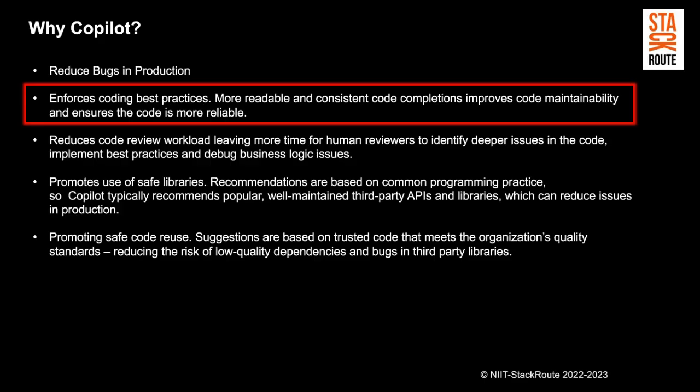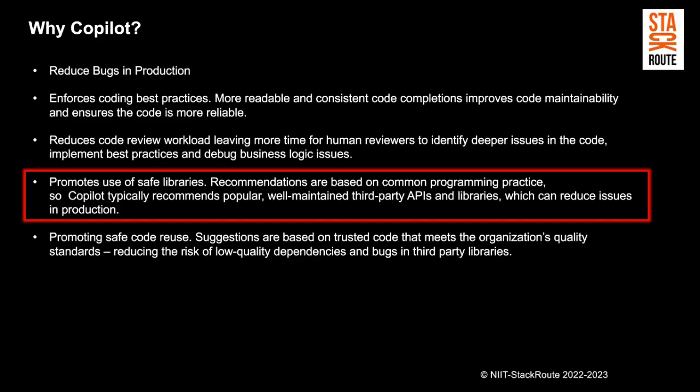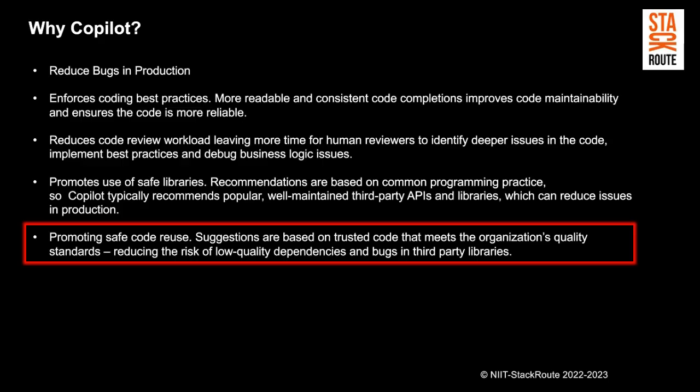It makes the code more readable and consistent, and it has drastically reduced the code review workload, leaving more time for human reviewers to identify the deeper issues in the code. It also promotes the use of safe libraries, as recommendations are based on common programming practices. Copilot typically recommends popular, well-maintained third-party APIs and libraries. And it promotes safe code use. Suggestions are based on trusted code that meets the organization's quality standards.